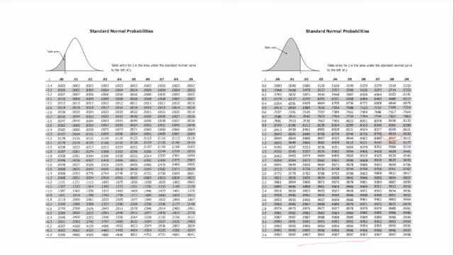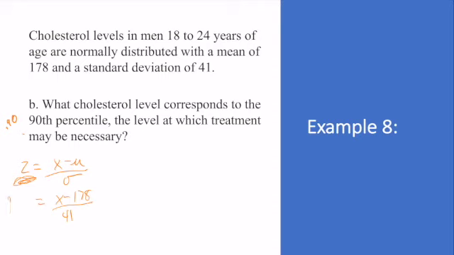I think it's this one right here, 0.8997. So this is at 1.28. So now I know my z-score is 1.28. And I can solve for x. I'm going to multiply both sides by 41. And then I need to add 178.